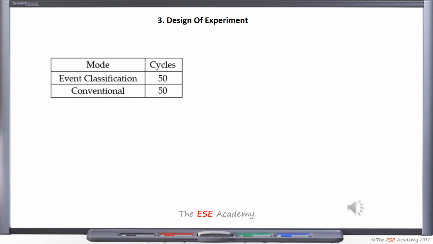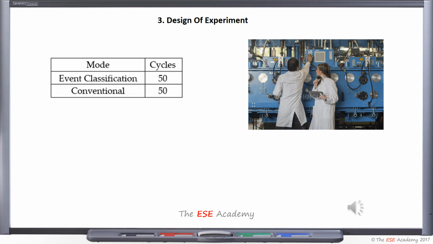An important design requirement of these experiments is that the experiments must be repeatable and reproducible. To achieve this, the machine would be operated in each mode for 50 cycles. Each mode should be operated 2 times by 2 different operators.